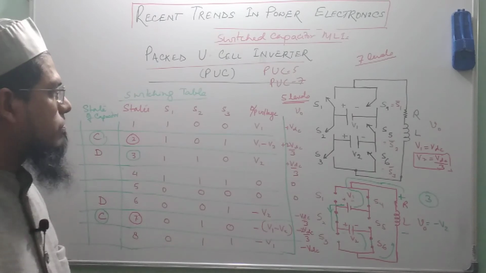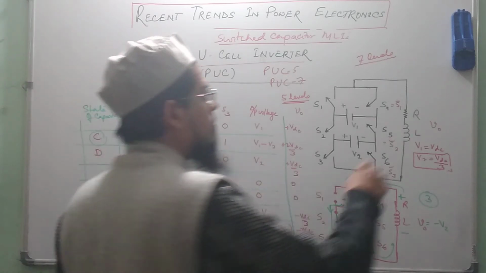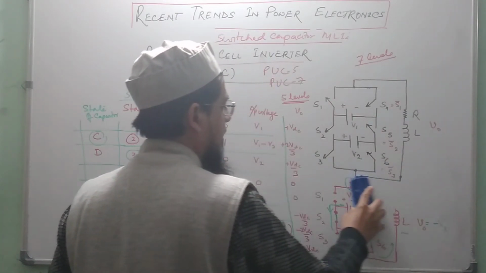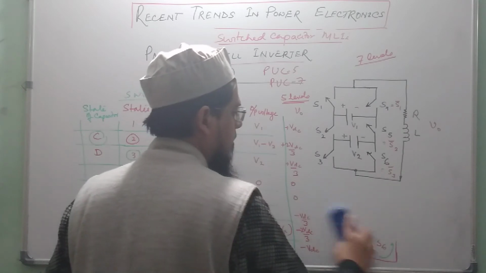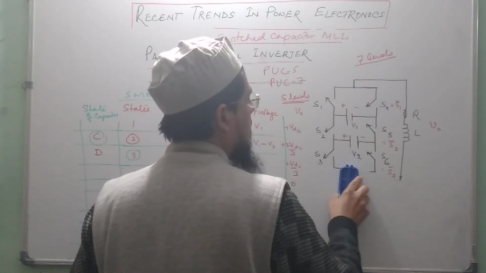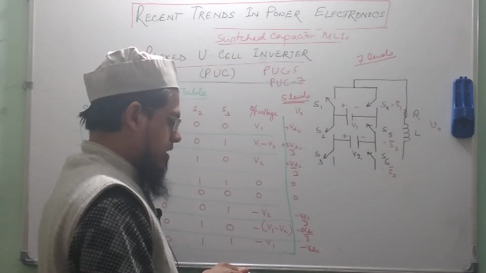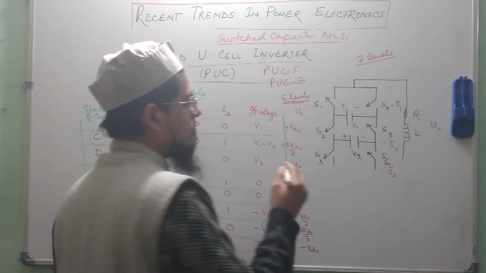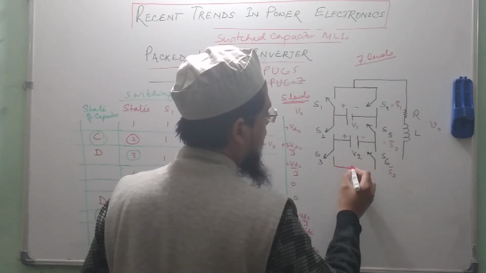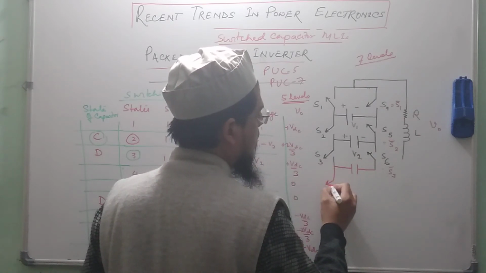Now, one thing I was trying to tell you is that we can extend this circuit to n levels. How we can do that? What basically we have to do is to just add U cells.